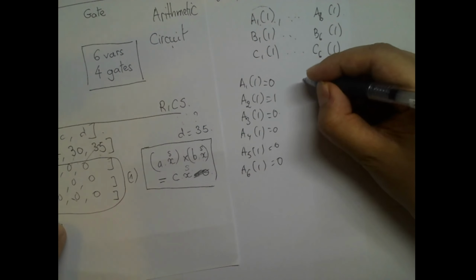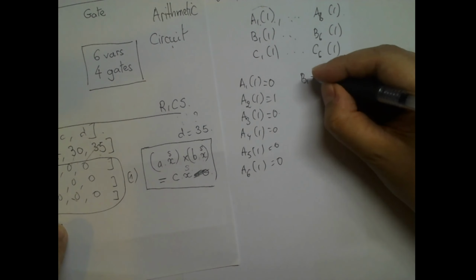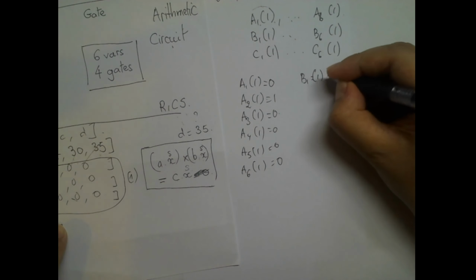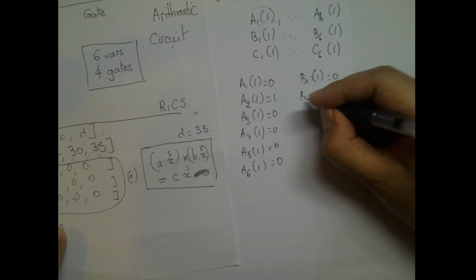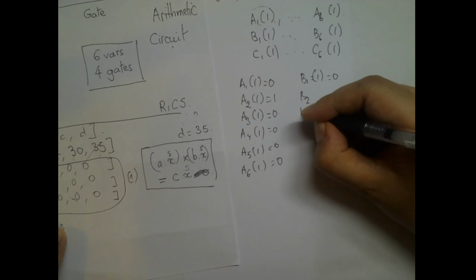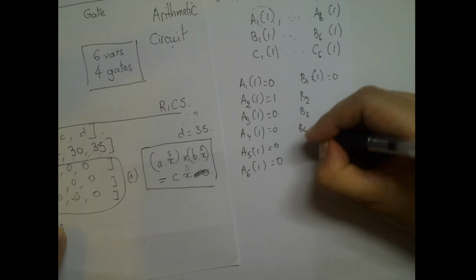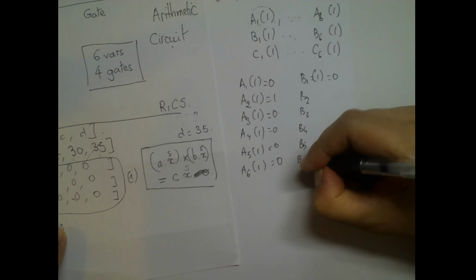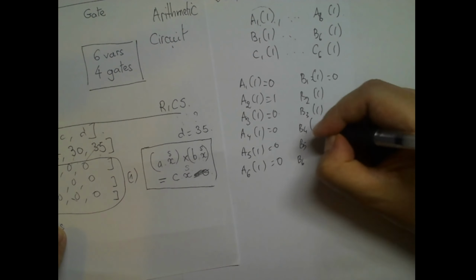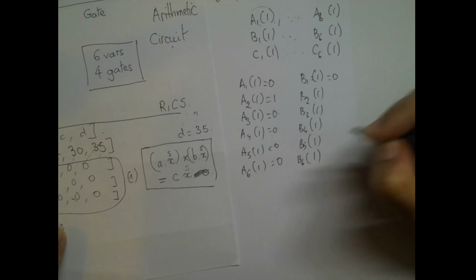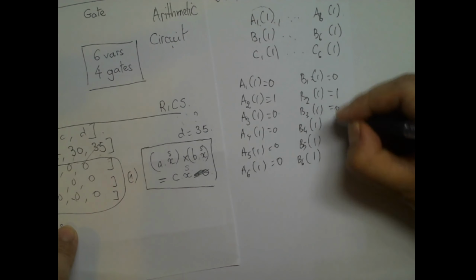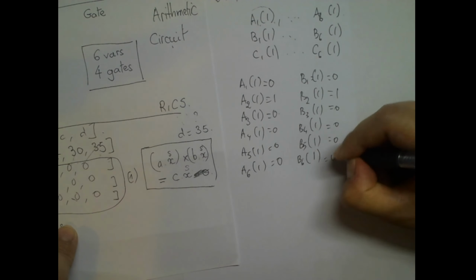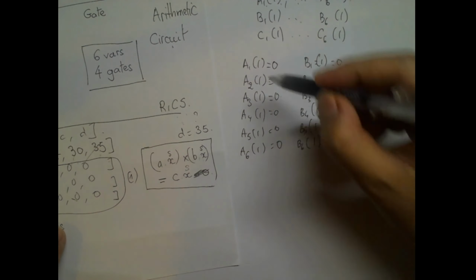And then same for b: b1 of 1 should be 0, and then b2, b3, b4, b5, b6, all of them evaluated at 1, should give you 0, 1, 0, 0, 0, 0. So you have this one.